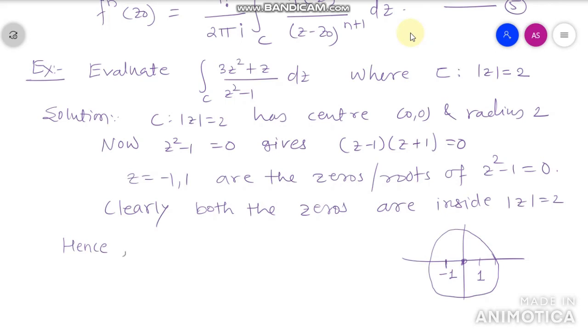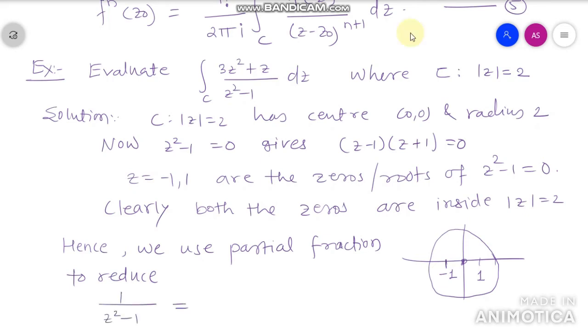Hence we use partial fraction to reduce 1 upon z square minus 1 is equal to a upon z minus 1 plus b upon z plus 1.